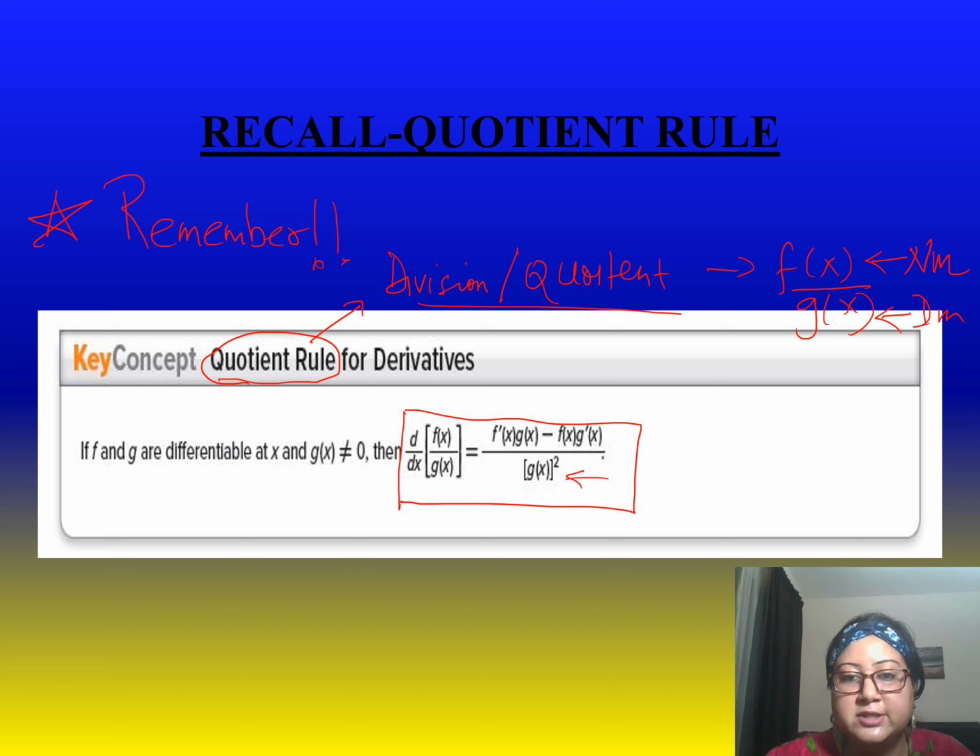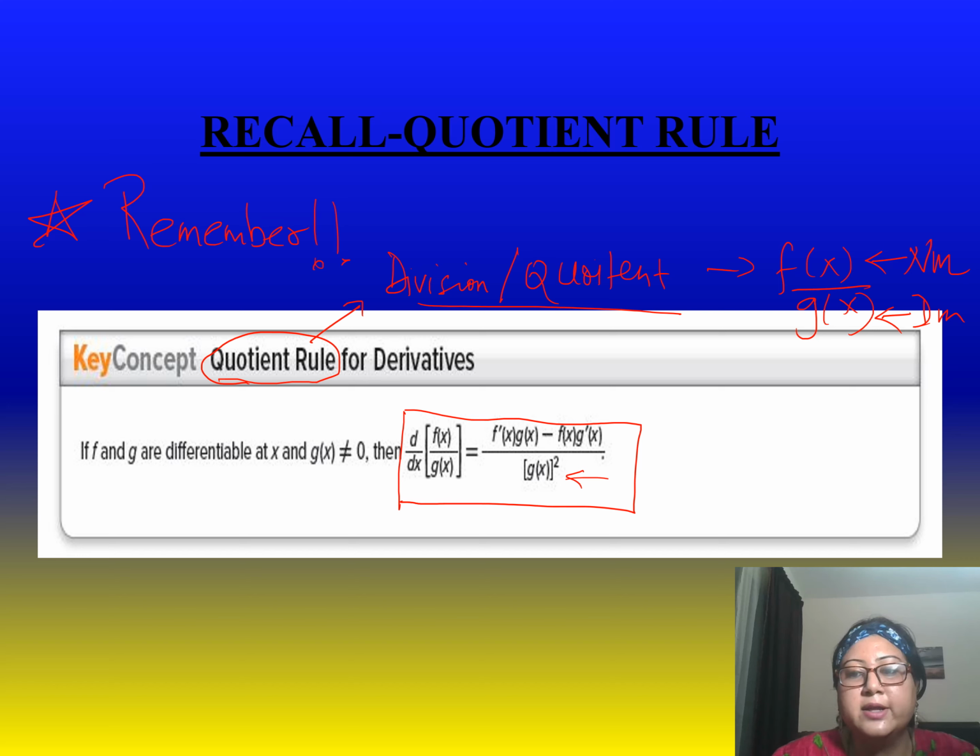What will happen is when you take d by dx of f(x) divided by g(x), that is going to be equal to the denominator function, which is g(x) whole square. So as it is, you just keep g(x) squared in the denominator, and in the numerator you have a function. Now what is this function and how are you going to be remembering this? You take the first function, the numerator f(x), and take its derivative f prime x, and you keep the second function as it is.